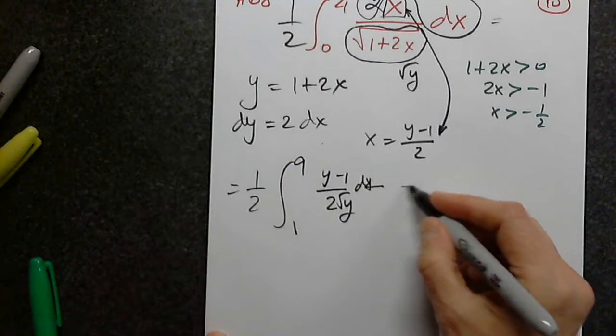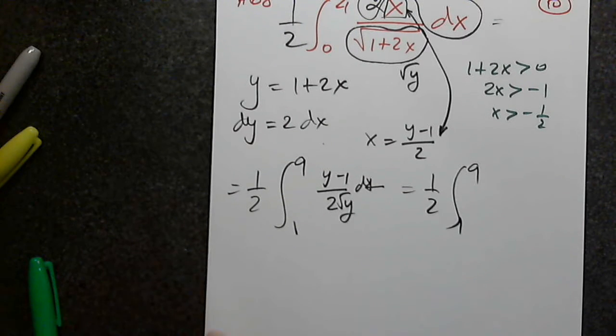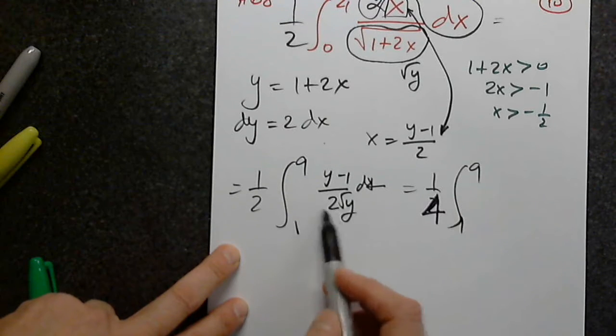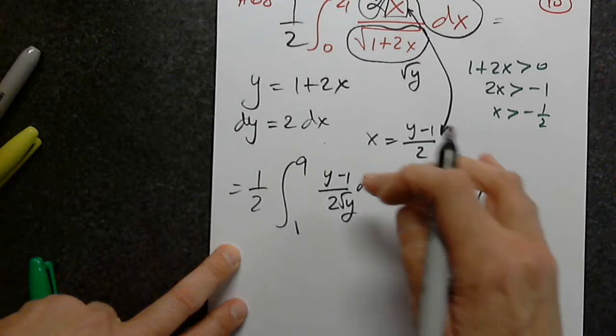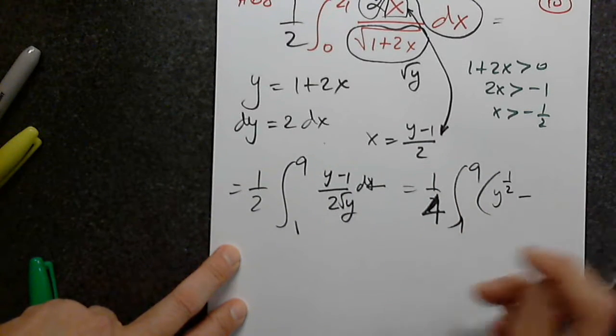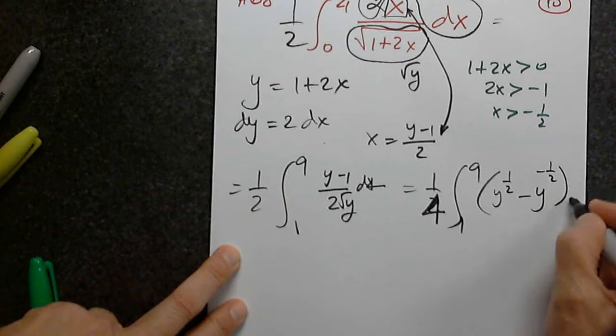It needs work. But I can separate it, and I'm going to move 1/2 in front. I don't need it. It's a factor. I want it out of the way. So then y divided by the square root of y is y to 1/2, minus 1 divided by the square root of y is y to -1/2, dy.